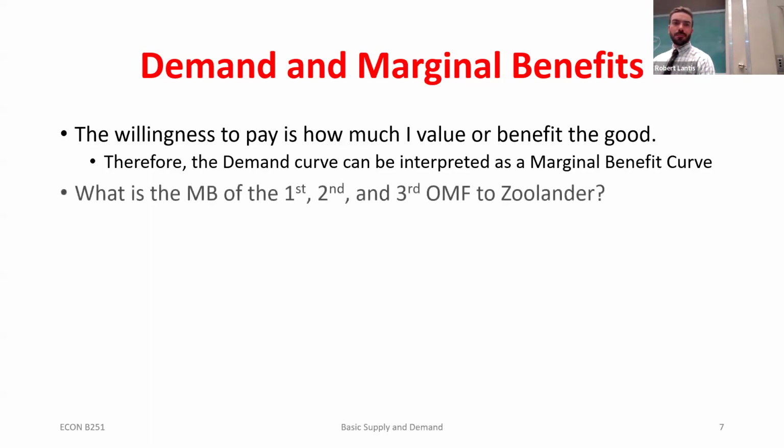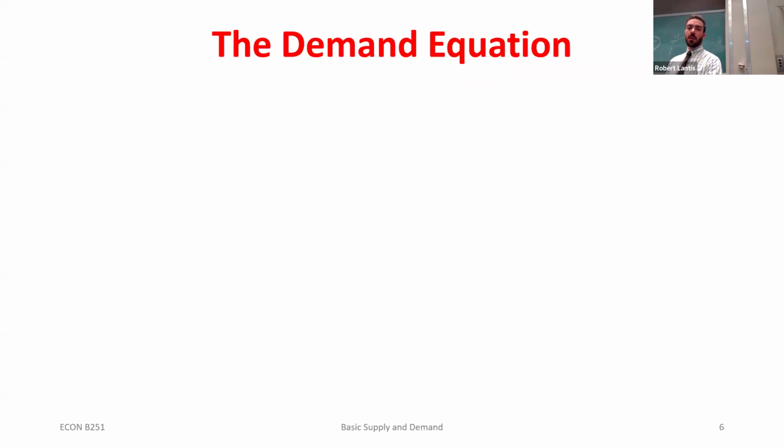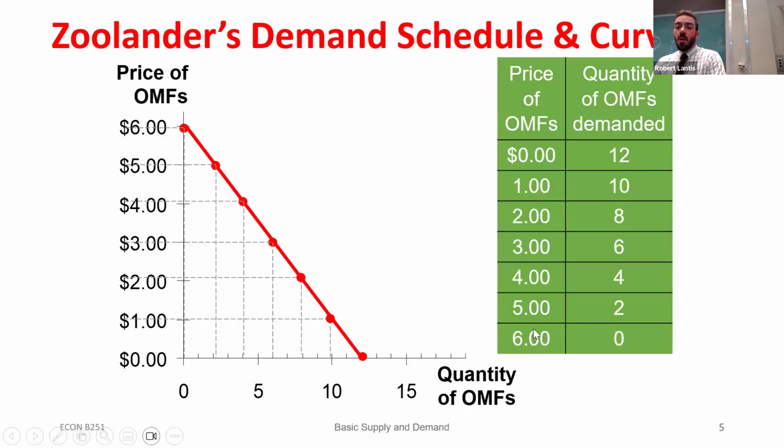So we can think about, for our example here, what was the marginal benefit of the first, second, and third? Well, if I go back here, just to look at this table, when would I buy that first orange mocha frappuccino? Well, it's kind of tough here because I've got jumps of 2. But if I went from $6 to $5.50, at $5.50 we'll see quantity demanded is 1.